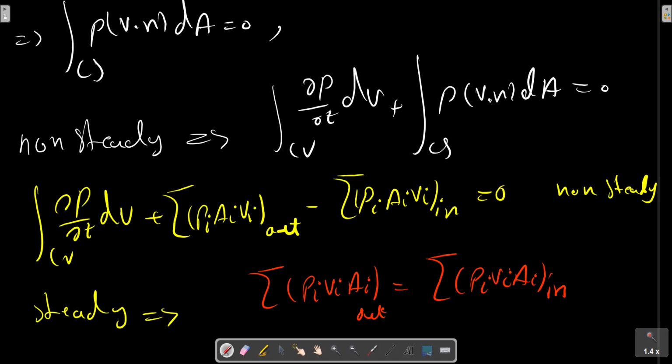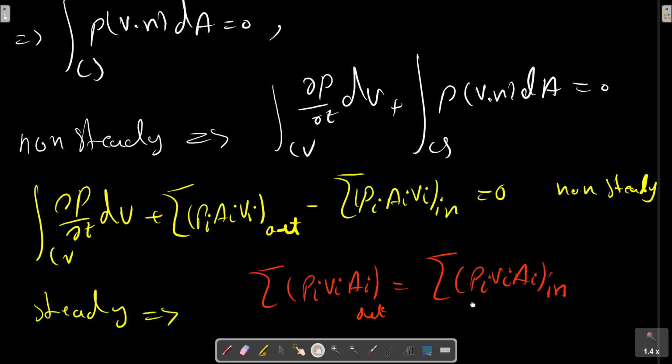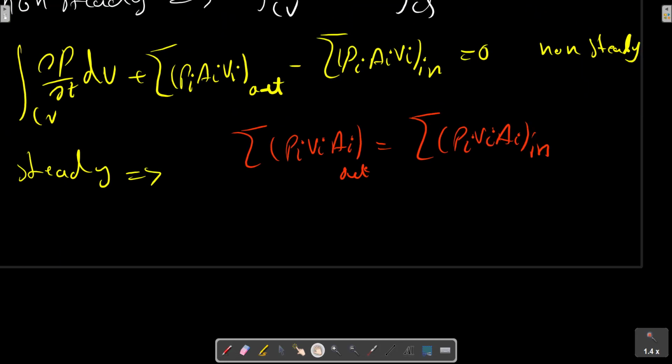We can use these relations for the calculations. The other form of these relations can also be sigma m dot out equals sigma m dot in.